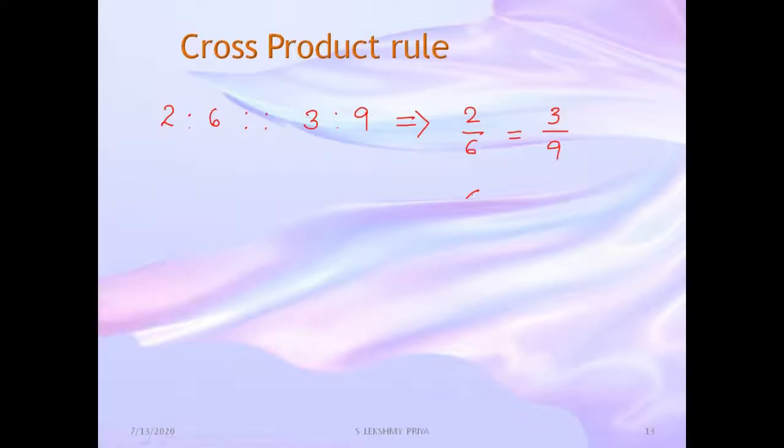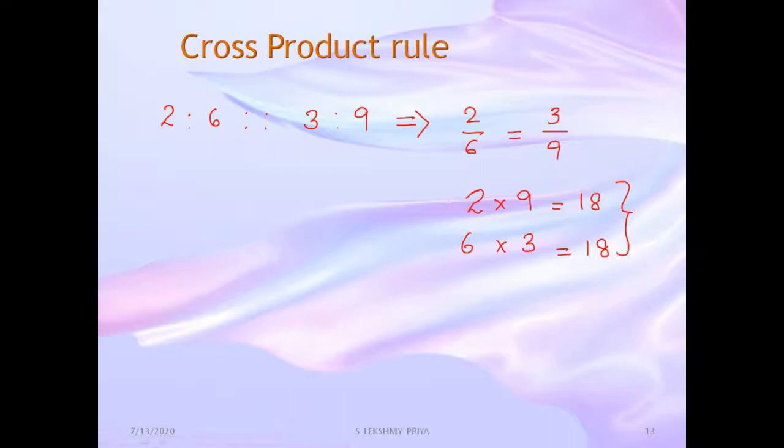Using cross product method, you can find the answer by 2 times 9. It is 18, and 6 times 3. It is again 18. So the products are same. So we can say that these two fractions are equivalent.